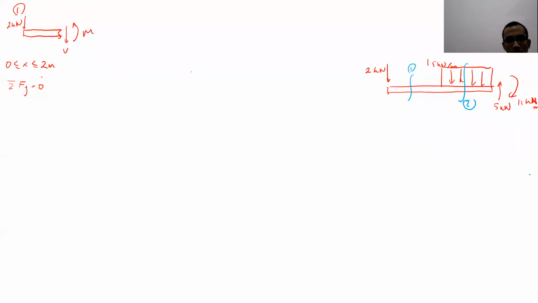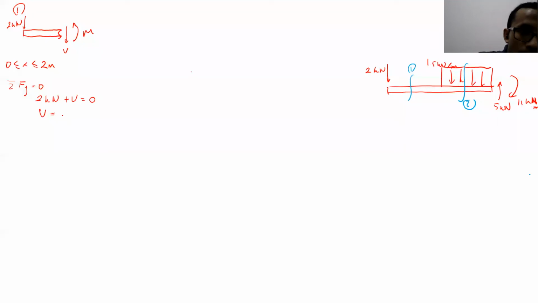Okay. Now, let's calculate for V first using sigma Fy equal to 0. What is the value of V? Hello, Shabina? You're supposed to draw it like this: 2 kilonewton going down plus V equal to 0, right?